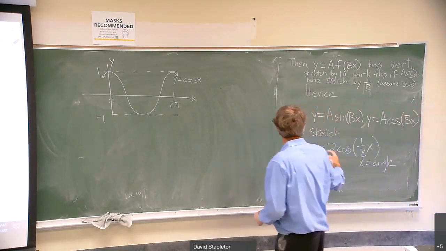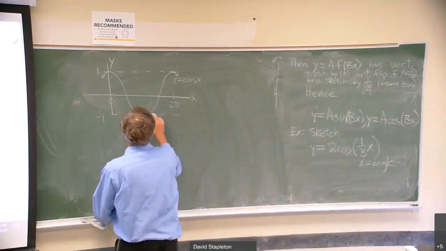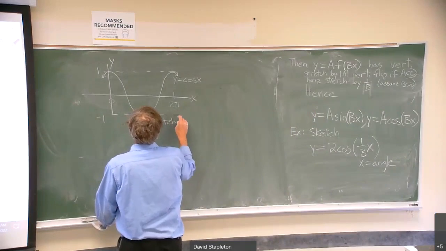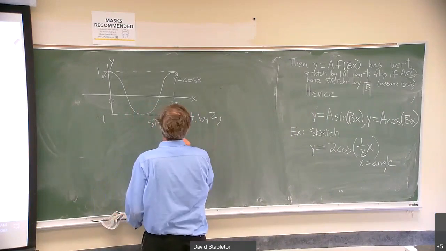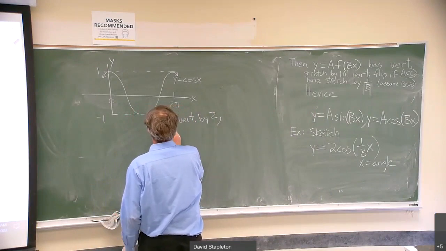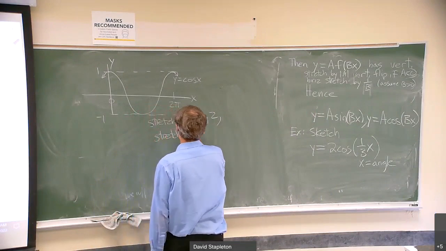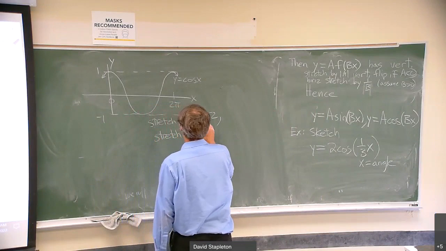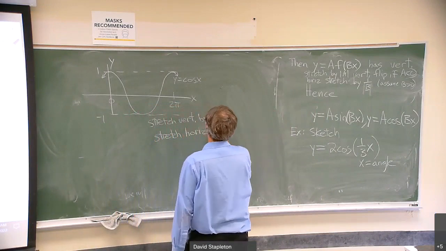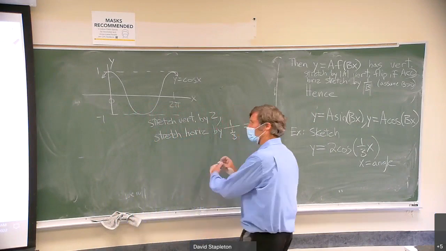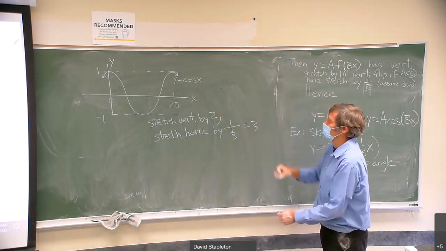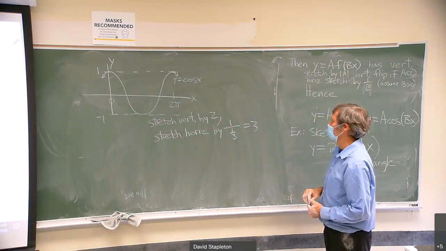I have to stretch it vertically by a factor of 2. And then stretch horizontally by 1 over b. 1 over 1/3 is 3. So it's going to be 3 times as wide and 2 times as tall when I sketch this one.